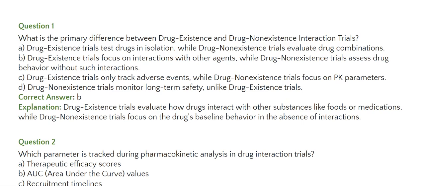Pharmacokinetic analysis evaluates measurements like AUC, the area under the curve, which reflects total drug exposure. The other options either refer to non-PK parameters or non-relevant administrative tasks.